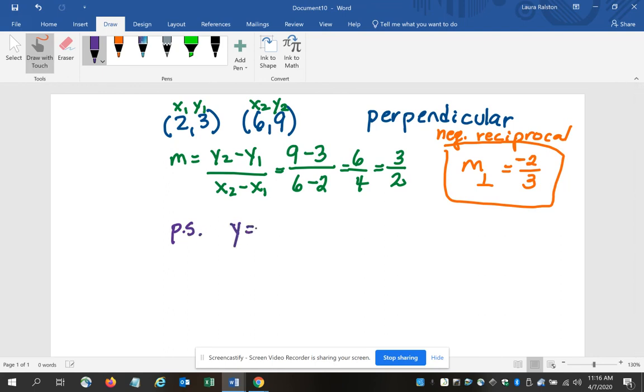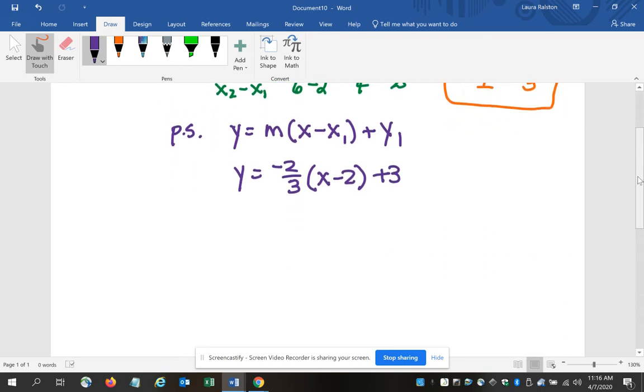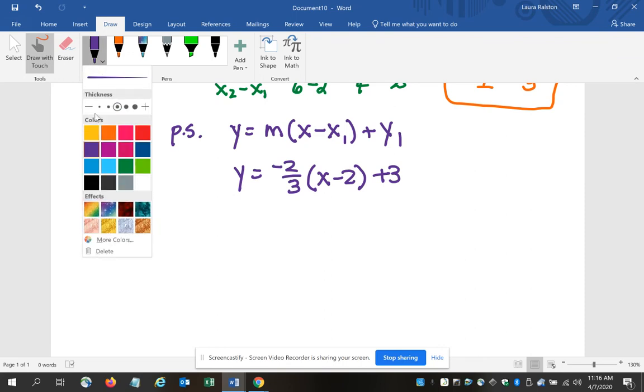So y equals m times x minus x1 plus y1. So I have y equals negative 2/3 times (x minus 2) plus 3. And again, I need to simplify that into slope-intercept form.